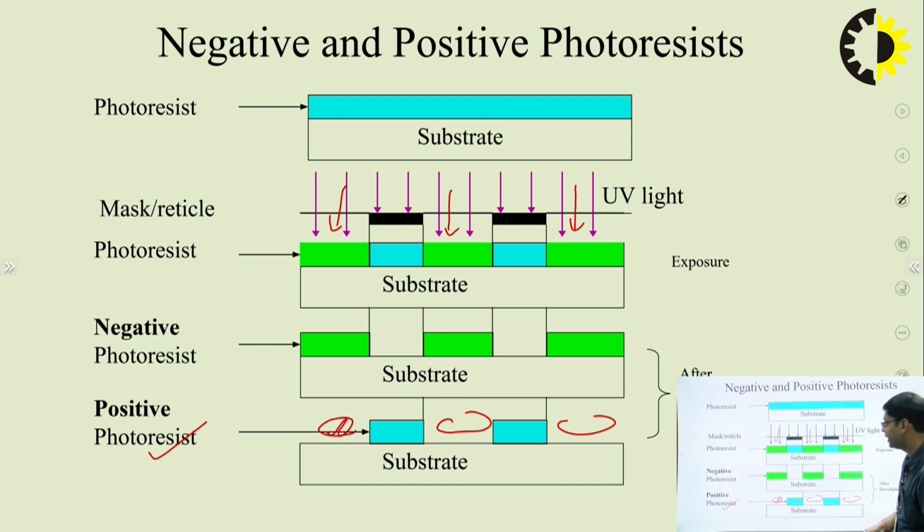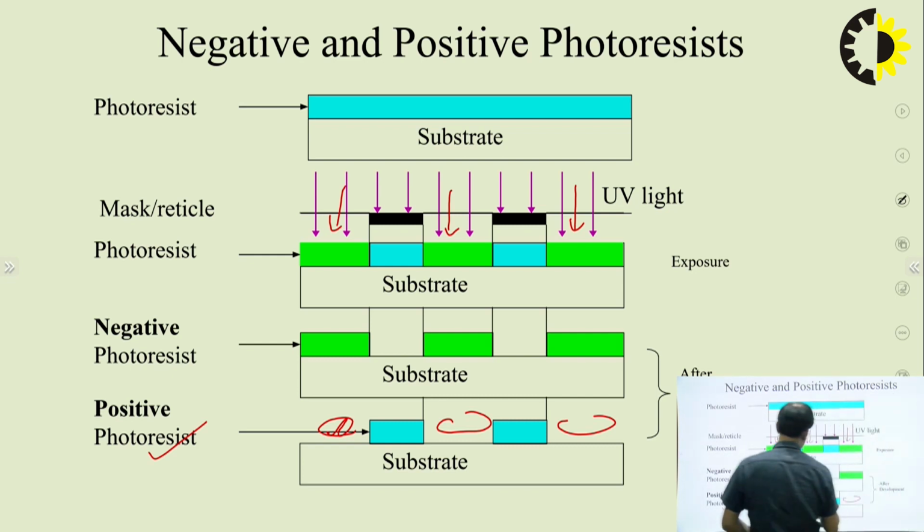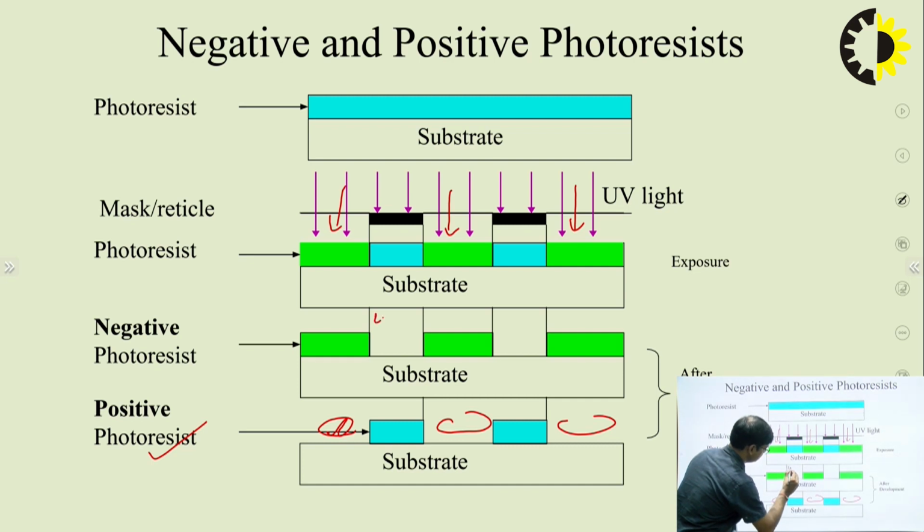Whereas in case of a negative photoresist, when it is exposed, it becomes hard and therefore it is not etched away from the exposed areas. The resist is removed from unexposed area. This is your unexposed region, and this is your exposed region.